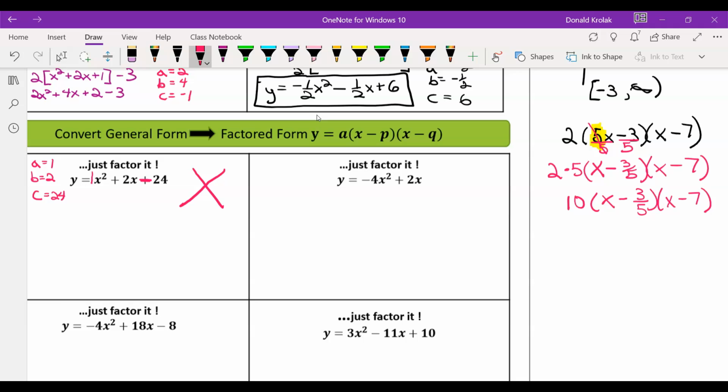So I make a giant X. I'm going to have the top number be A times C. So 1 times negative 24. The bottom number is B.